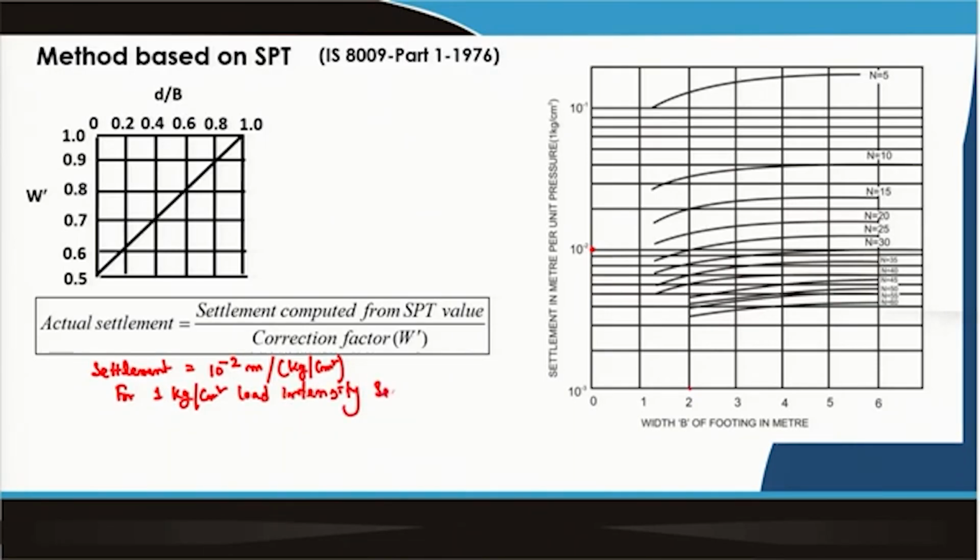How much is that? It is 10 millimeter. So, if we apply 1 kg per centimeter square load intensity on that foundation, I will get a settlement of 10 millimeter.